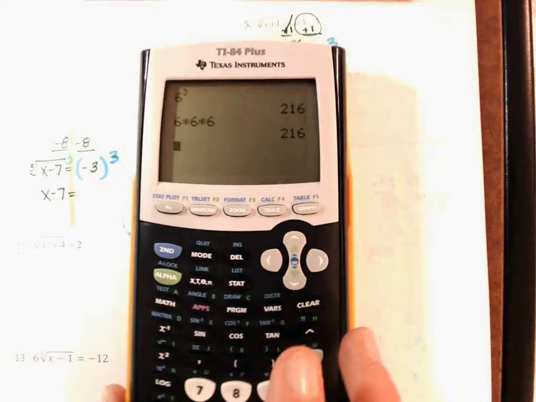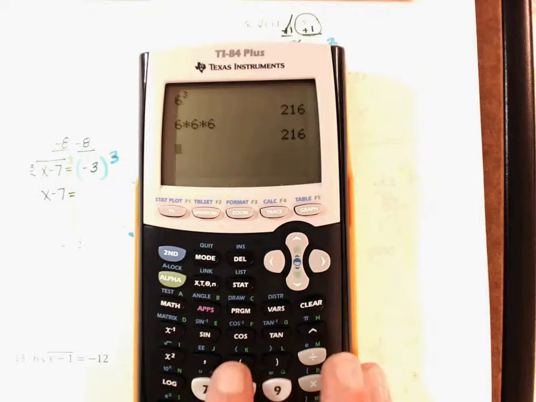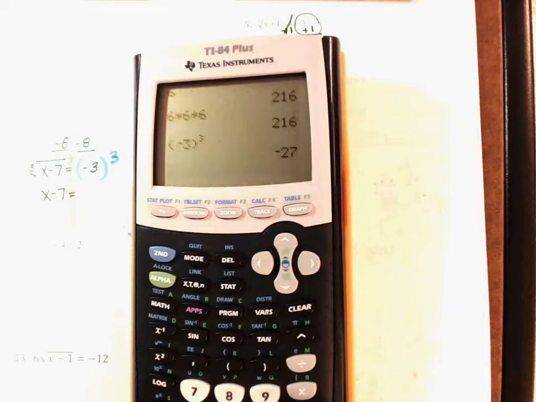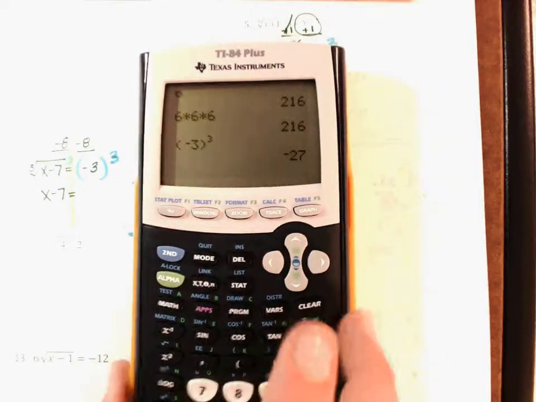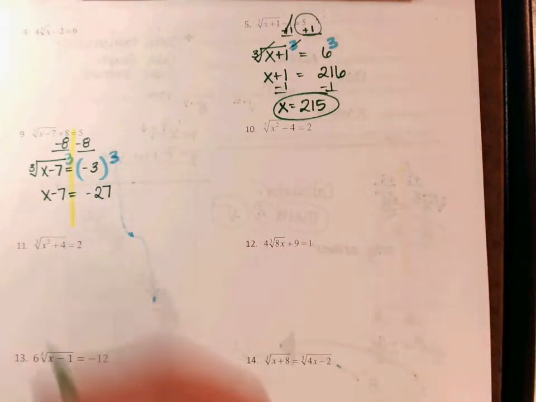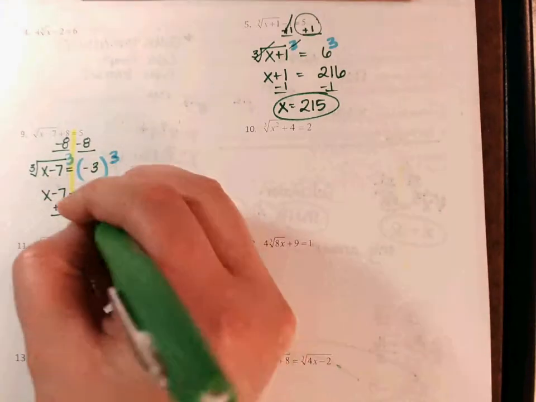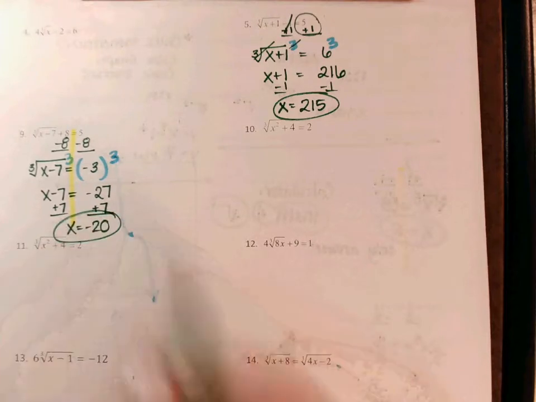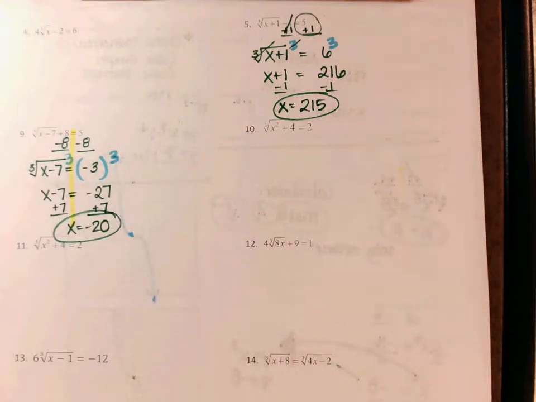Okay, it is negative 27, but look, watch. All you have to do, negative 3 up to the 3, and it'll tell you what it is. Okay? So, negative 27, and then what's my last step? Okay, add 7, negative 20. Great. Now, even though you don't have to check, if you want to, you can. It doesn't matter to me. But you would do it exactly like we did last time.